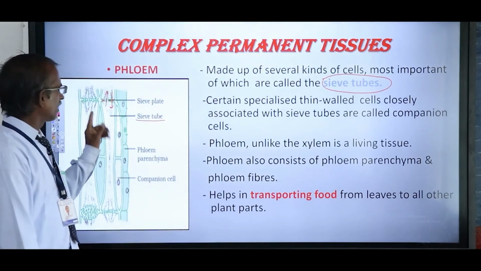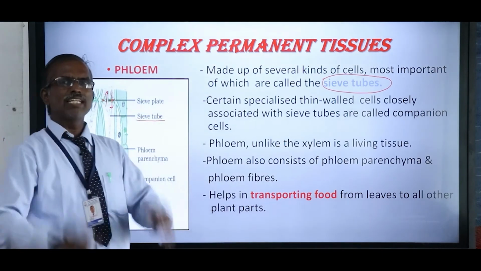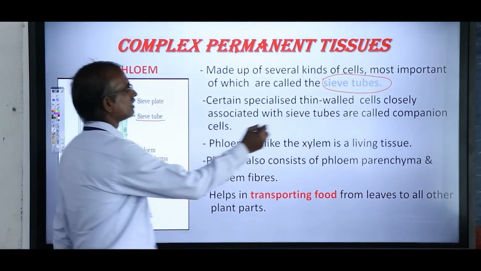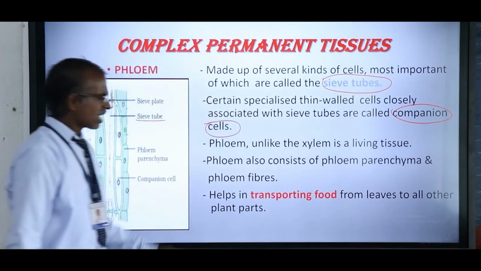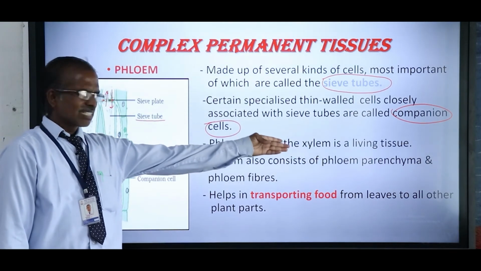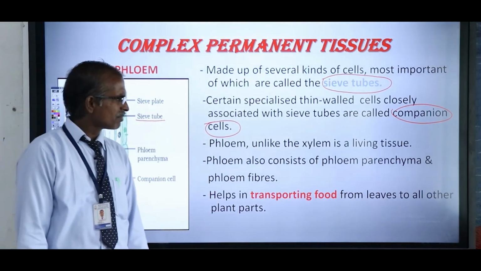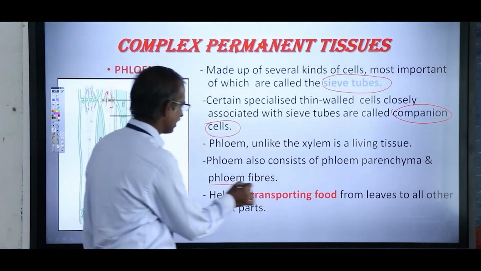Some sieve tubes are associated with specialized thin walled cells, called companion cells. Unlike xylem, phloem is a living tissue. Phloem also consists of phloem parenchyma and phloem fiber.